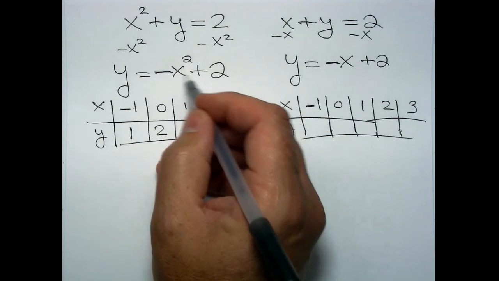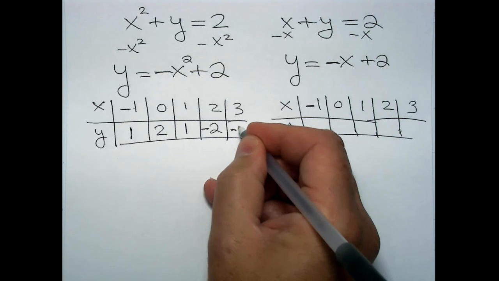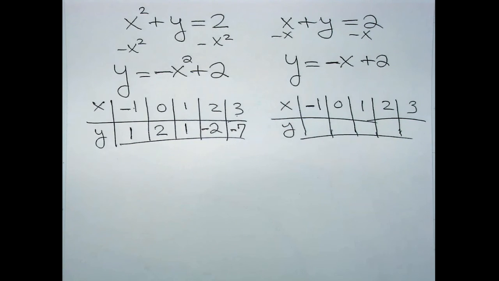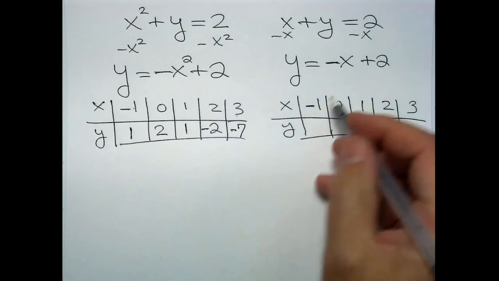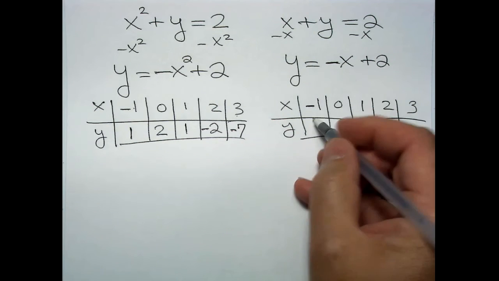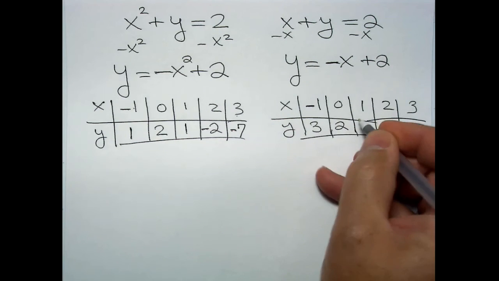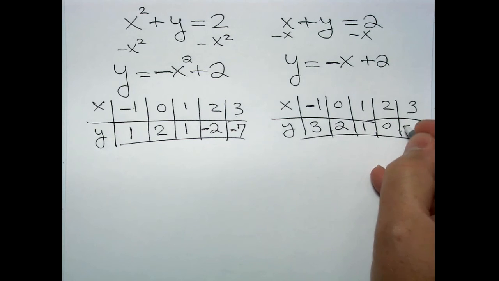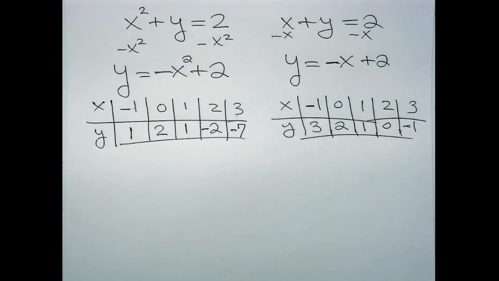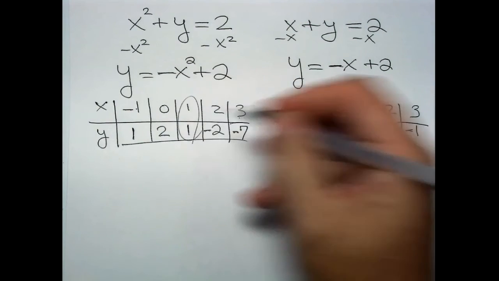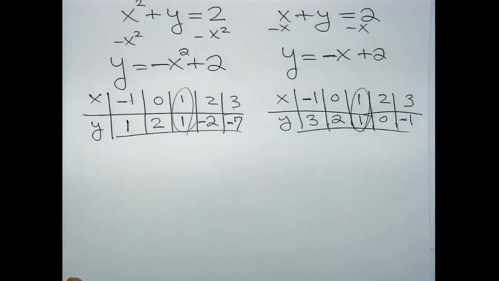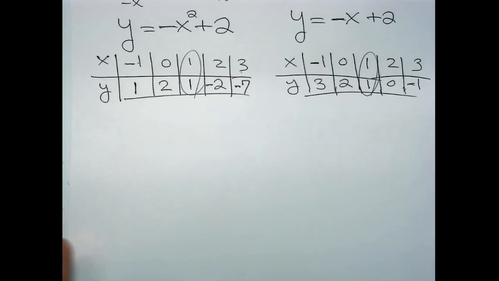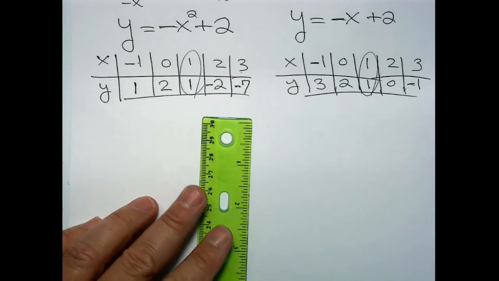And put 3 in, and you get 2 minus 9, which is minus 7. So there's some points on that graph. Over here, negative 1 is 1 plus 2 is 3, 2, 1, 0, and negative 1. That's very linear over there. Right away, you can see there's a solution point that's matching up, 1, 1, but maybe we can find some more.